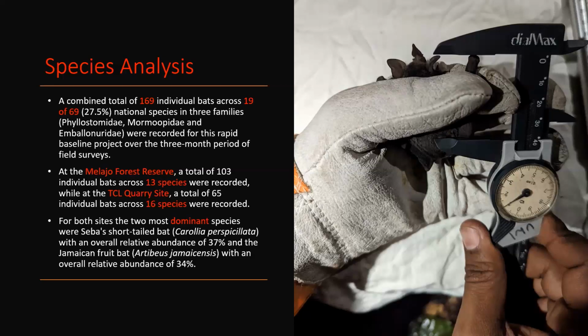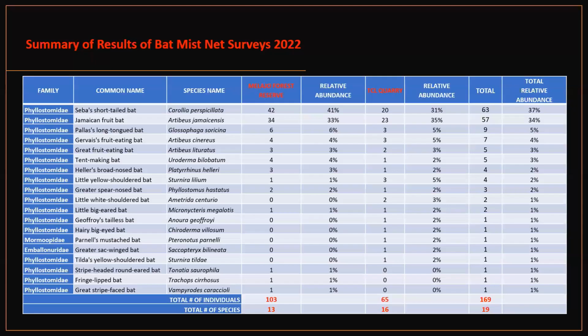So on the right photo here, we also have one of the characteristics being documented, which is the forearm length of the bat mist-net surveys conducted in 2022. In the table on the left columns, you can see a list of the common names, the species names for each bat species found at both the Melao Forest Reserve as well as the TCL quarry.